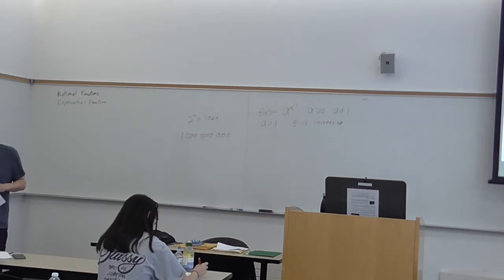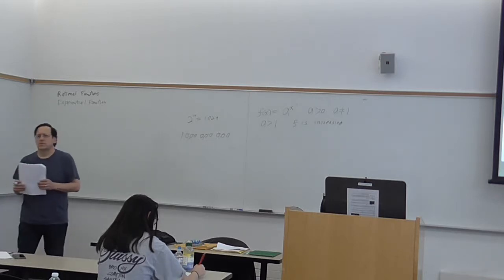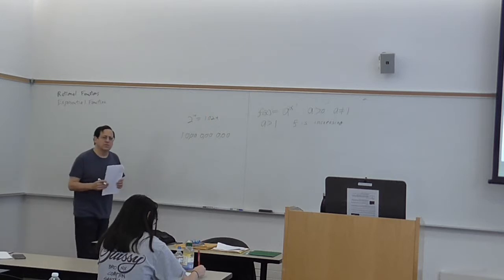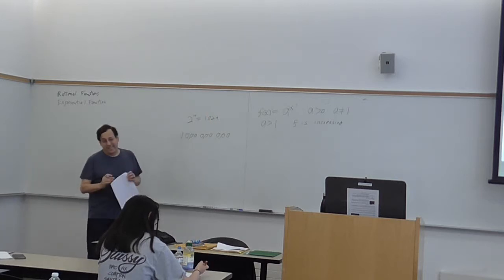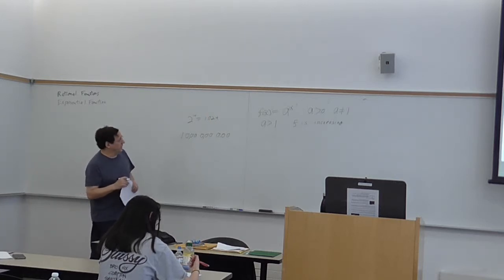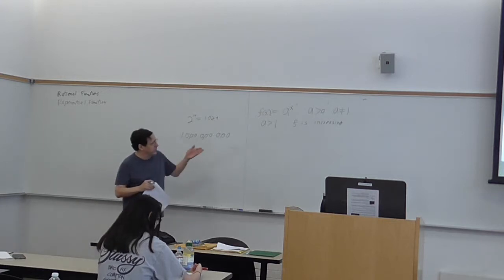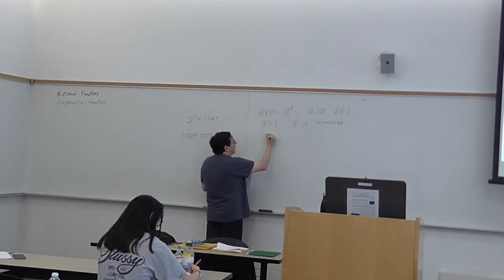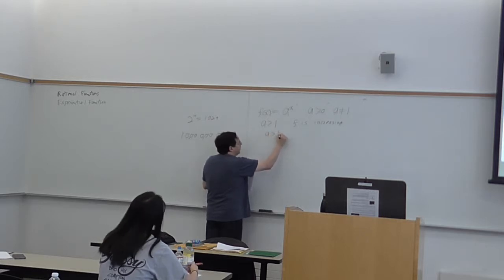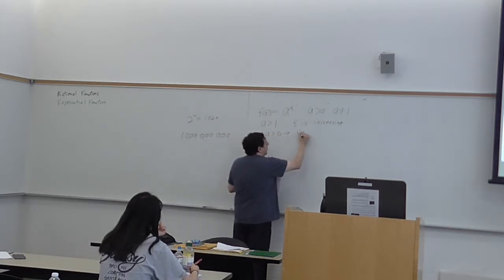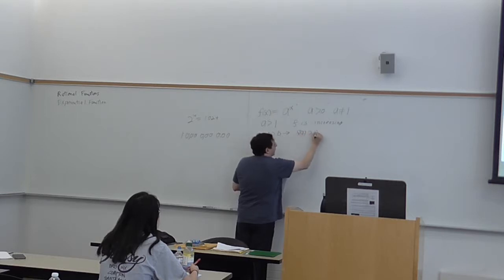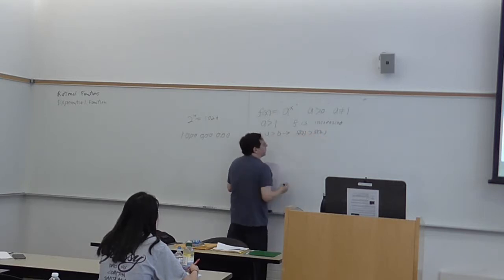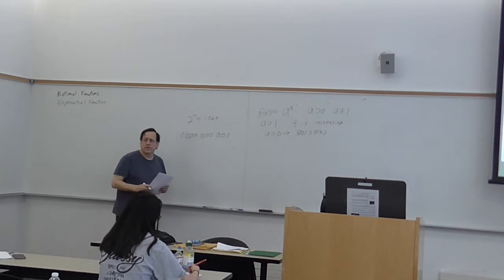Anyone remember a definition? Okay. Right now we may have a feeling for it, that's probably good enough. But a good definition is: if A is greater than B, that implies f of A is greater than f of B. That's an increasing function.